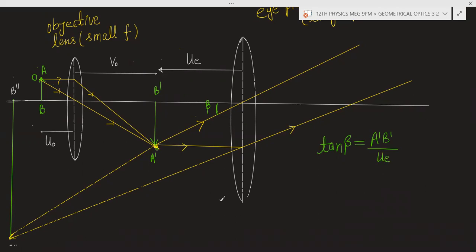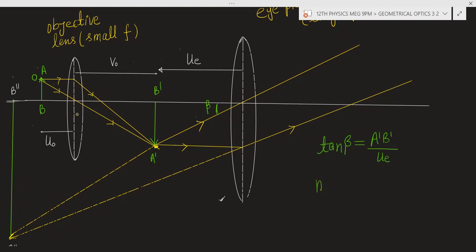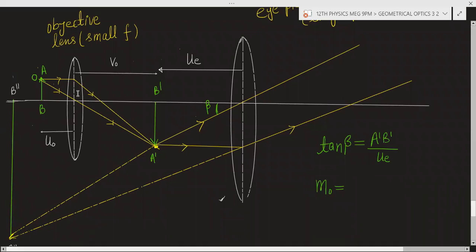Now after that, for this objective lens, if I want to write the magnification, what is the formula of the magnification? Magnification is height of image divided by height of object. So for this objective lens, this is the image, this is the object.